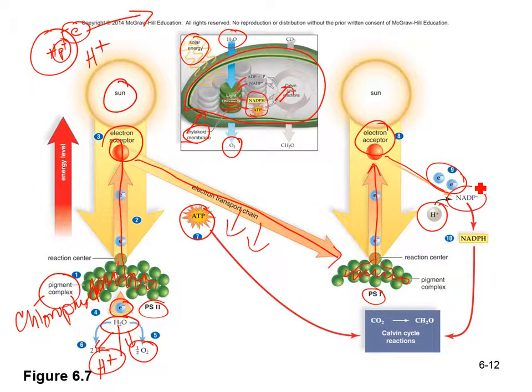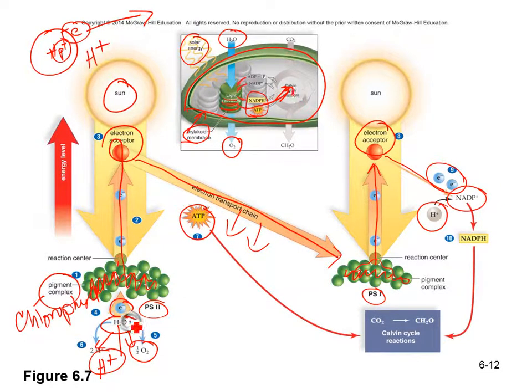This is a cofactor that is going to bind electrons and bind hydrogens and take them to a specific location where they can be used. And we're going to see that NADPH is going to go into the Calvin cycle, and I'll show you more when we get there.